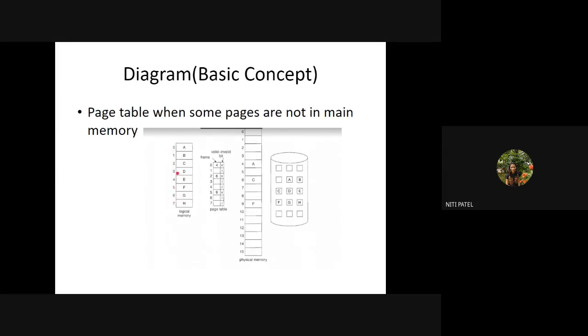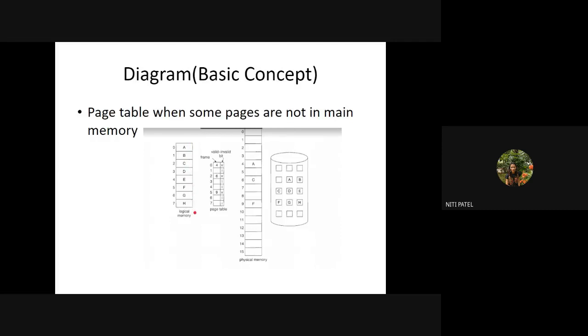Now in the page table, what was happening up till now, we had page numbers and we had frames, in which frames the pages were getting stored. So page A will be going inside the physical memory, page B going inside the physical memory, page C going inside the physical memory.